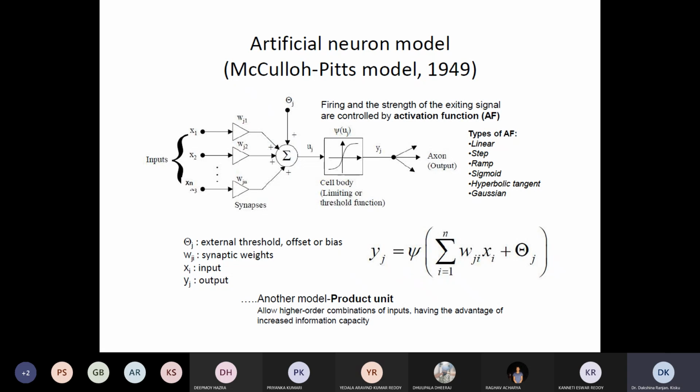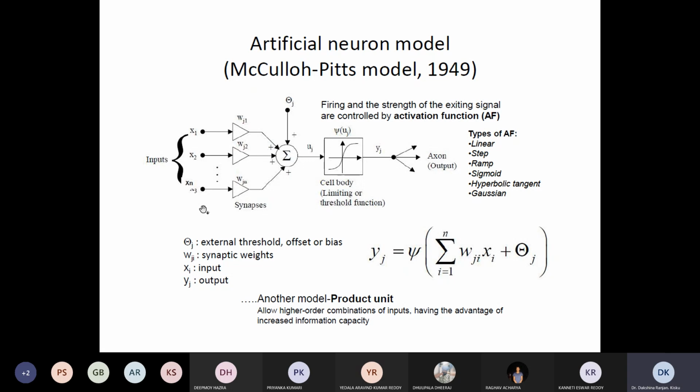And apart from the input synapses, aggregation unit, and cell body, another unit comparable to the axon generates the output, which is denoted by yj.